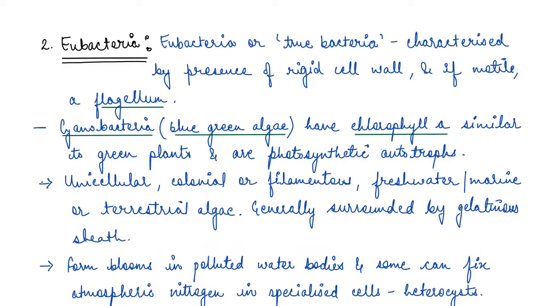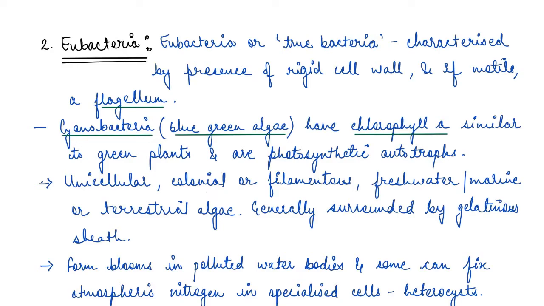So what are eubacteria, and why are they considered true bacteria? Because they have a rigid cell wall, and if they are motile, they have a flagellum as well.